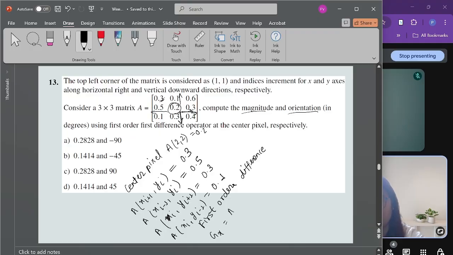So gx equals A(xi+1, yi) minus A(xi-1, yi), divided by 2, right?